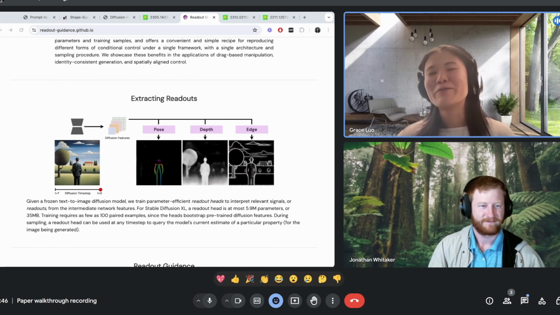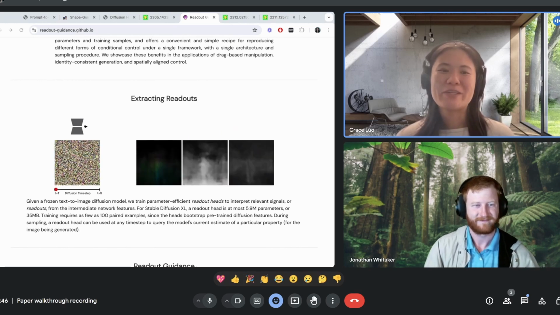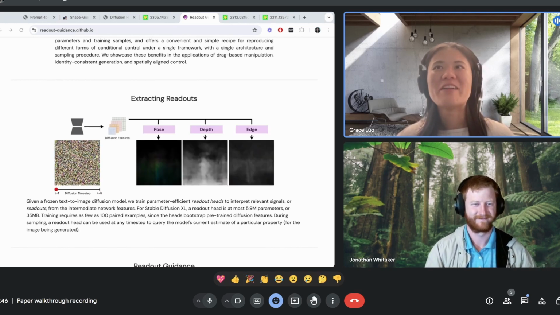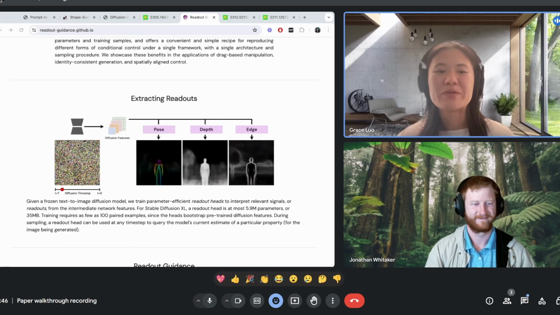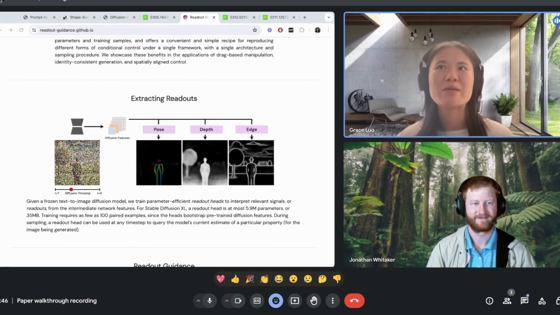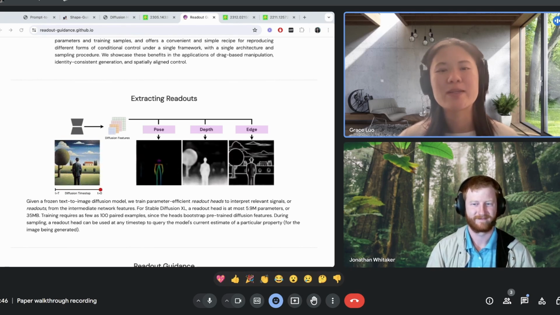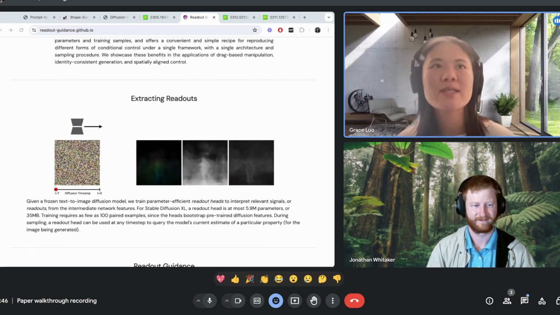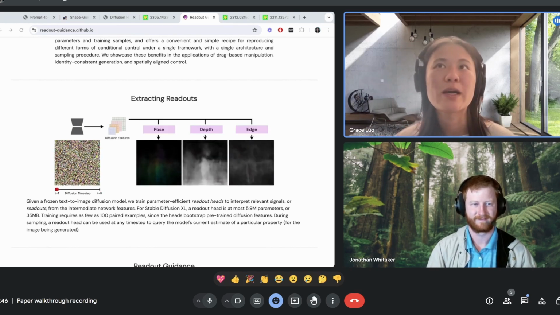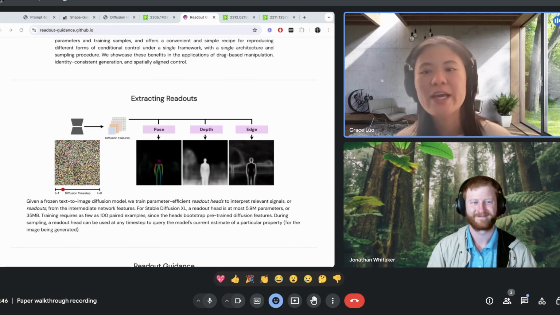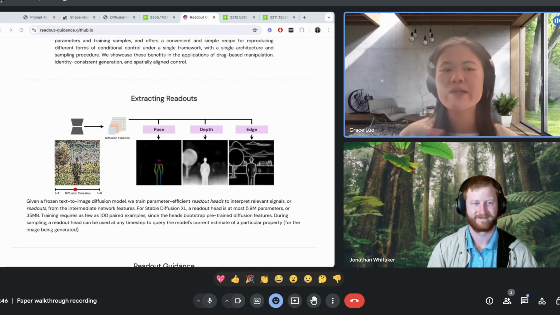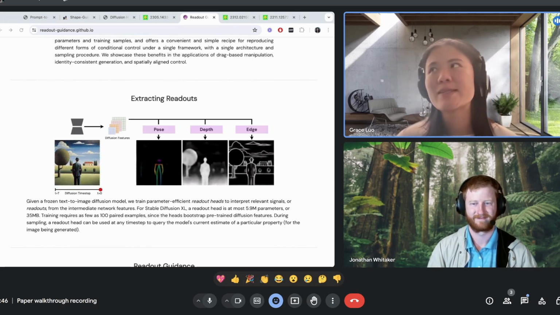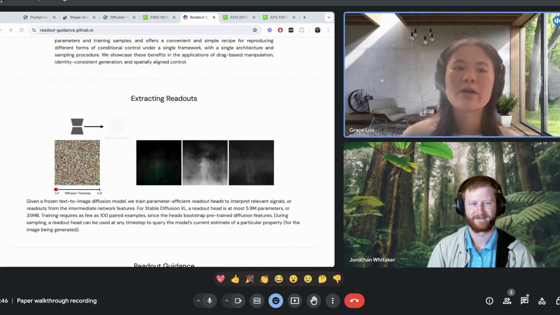Yeah, I have a lot of various readout heads that I've tried, but have not invested too much time into finishing. Some are more straightforward types of readouts that other control-based methods have implemented. I was playing around with a color palette head where, given a color palette, I generate more images with these types of color themes, and it's a bit more non-spatial.